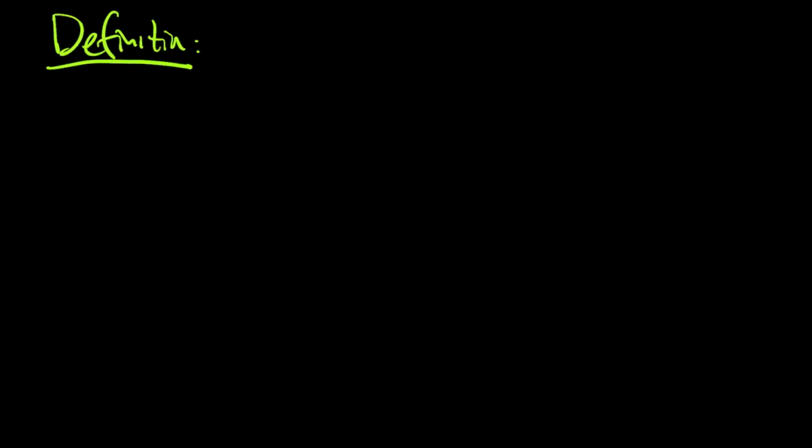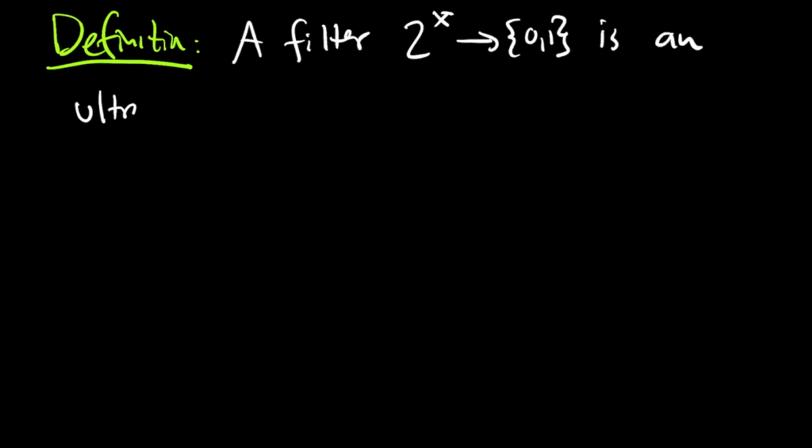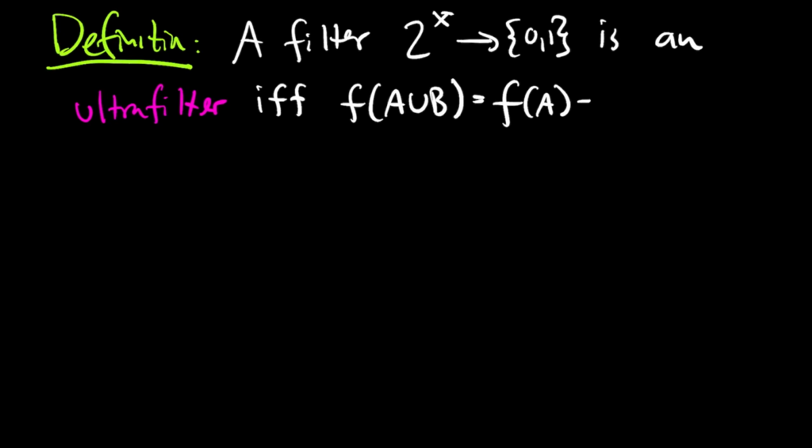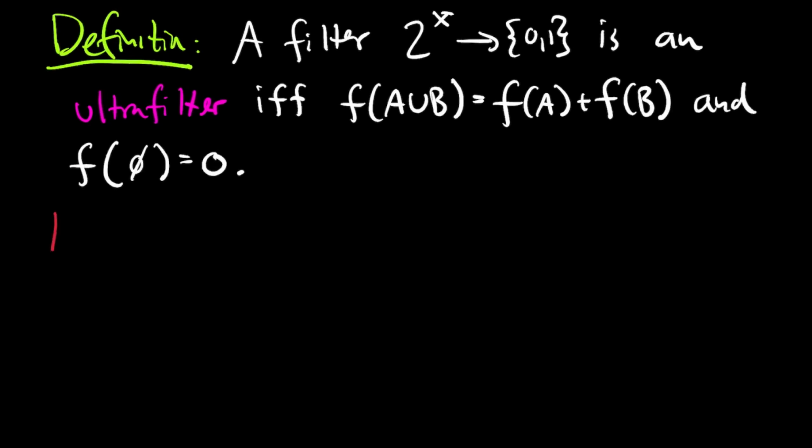Now let's define an ultrafilter. I think the best way to define an ultrafilter is as a function from the power set of X to {0,1} that not only respects intersection and the unit for intersection, that's a filter, but it also respects union and the unit for union.